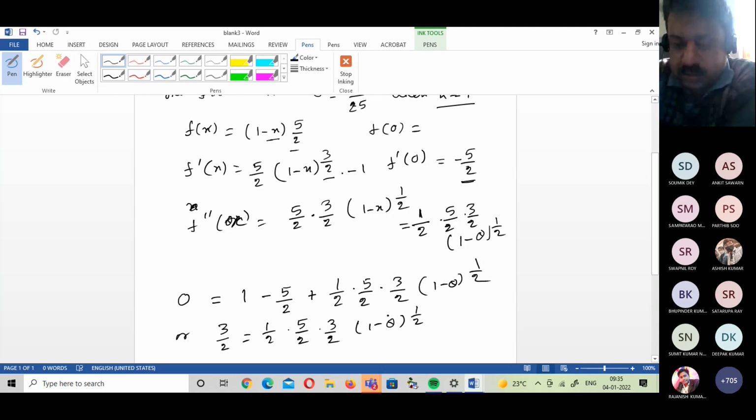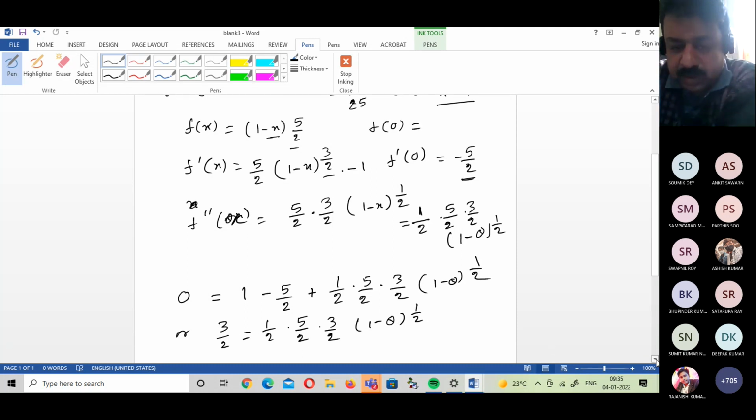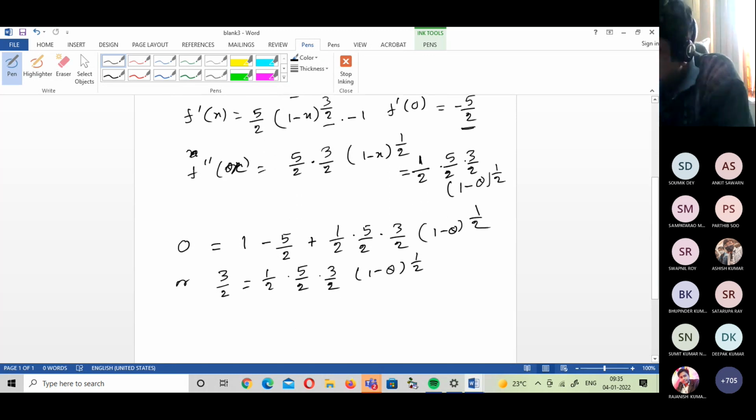So you can easily write from this that 5 by 4, 4 by 5 equals 1 minus theta to the power half, or 16 by 25 equals 1 minus theta.